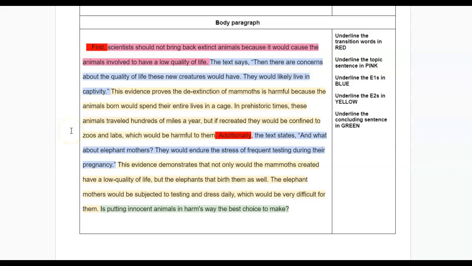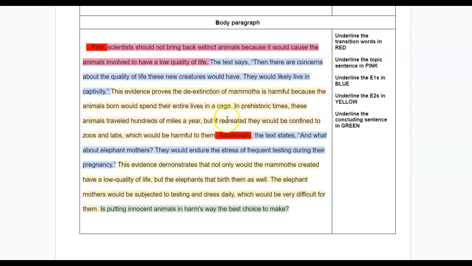Remember that stands for explain. This evidence proves the de-extinction of mammoths is harmful because the animals born would spend their entire lives in a cage. In prehistoric times, these animals traveled hundreds of miles per year, but if recreated, they would be confined to zoos and labs, which would be harmful to them. Remember, our E2 should be at least 2 sentences and should be in our own words.